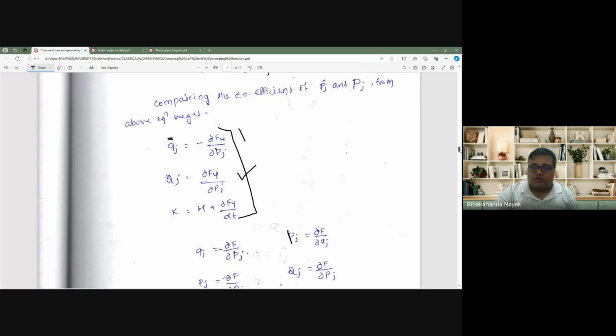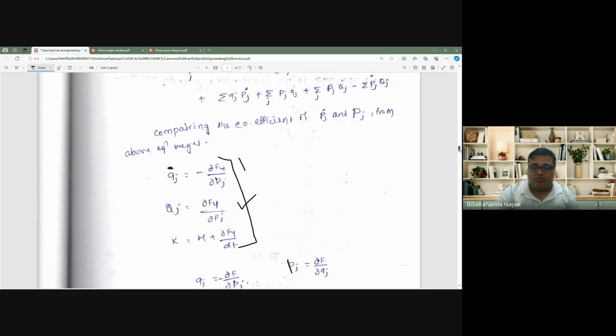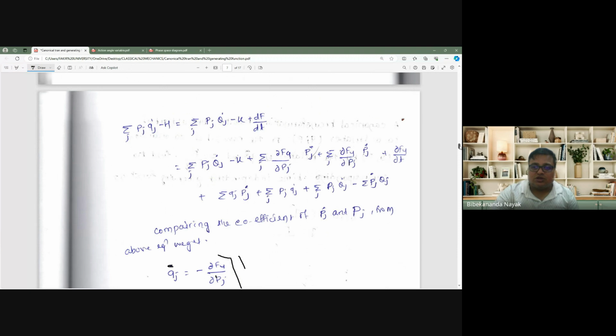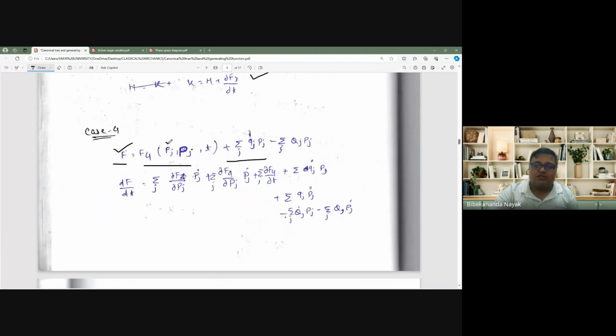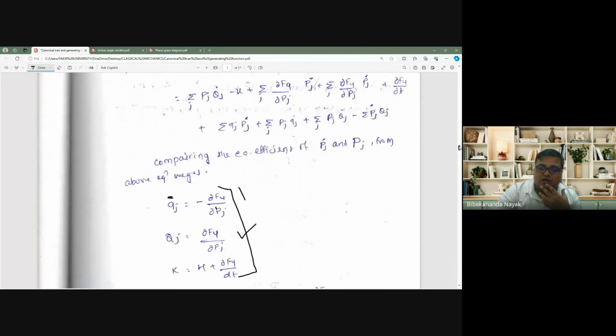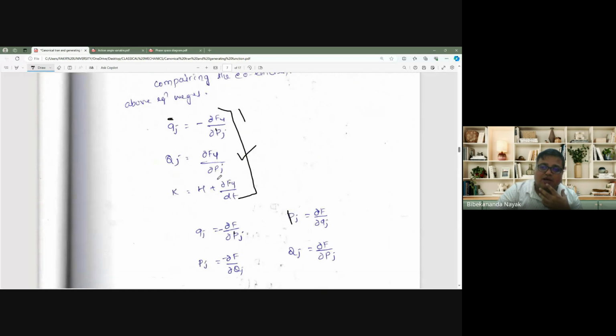You can simply remember these formulas, they are the same in both cases. Here in the fourth case, the function is given in terms of small pj and capital Pj, so we can calculate small qj and capital Qj using this formula. Always, qj means del f by del pj, with the only difference being the sign. If it is small qj, the sign is minus; if it is capital Qj, the sign is plus.